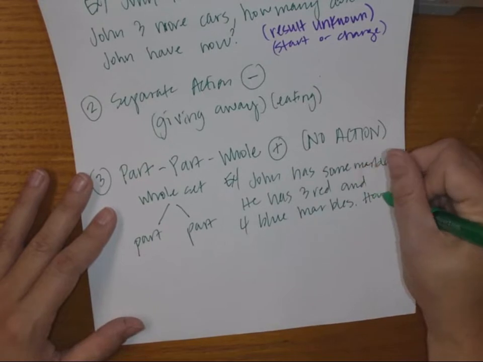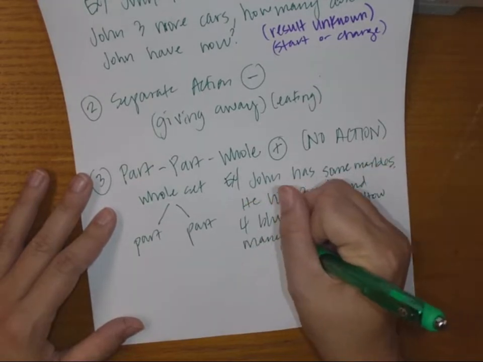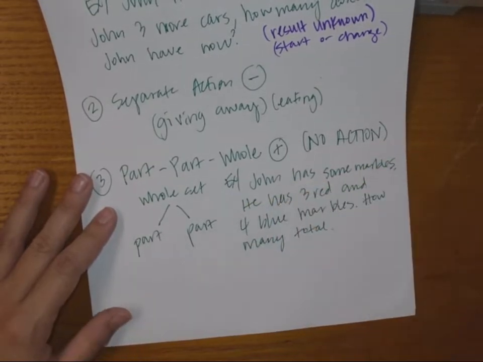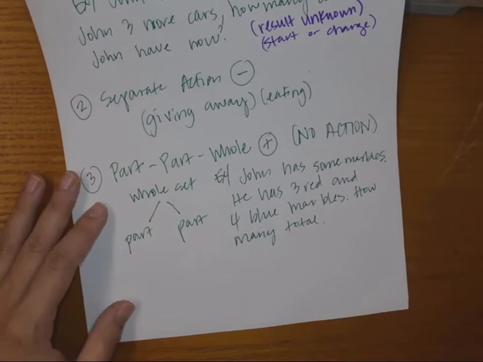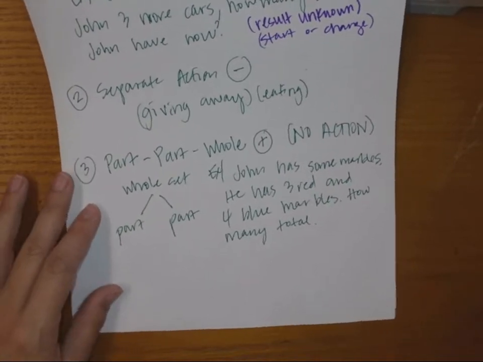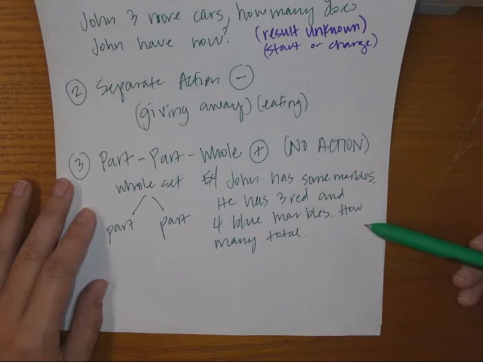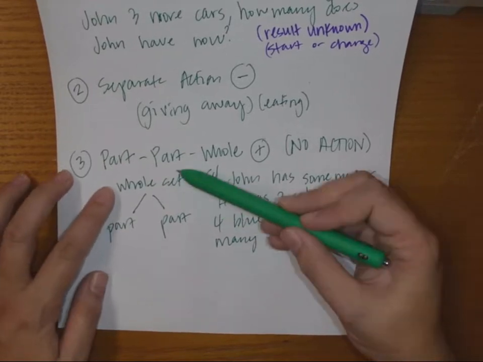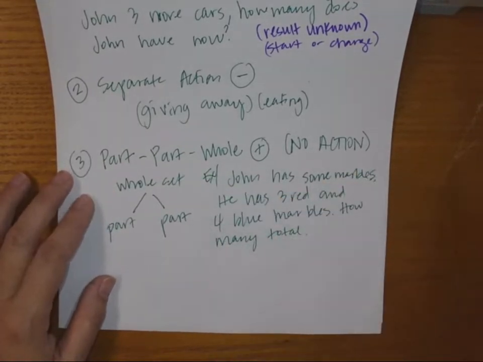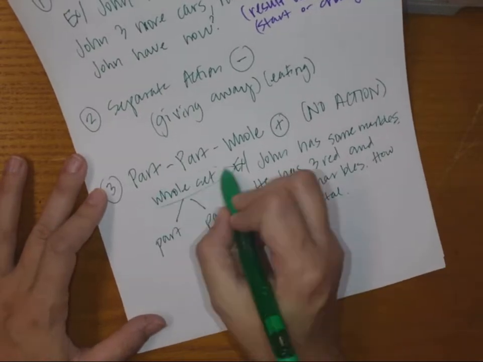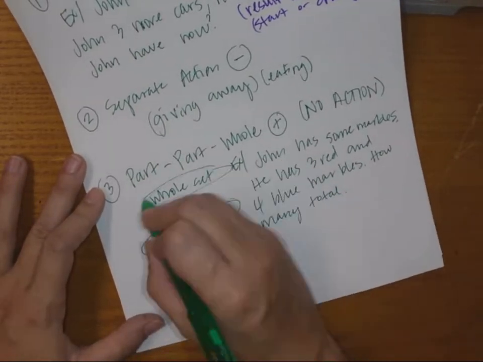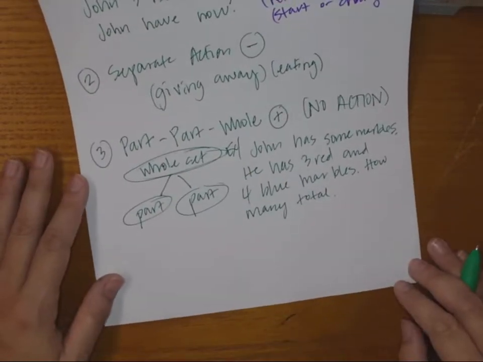How many does he have total? To do that problem, you're going to add 3 plus 4 gives me 7, so he has 7 total marbles. Notice John didn't give any marbles away. Nobody gave him any marbles. This is just talking about a whole set and 2 parts of the whole set. So no action happening there. We're just talking about 2 parts of a whole set of something.